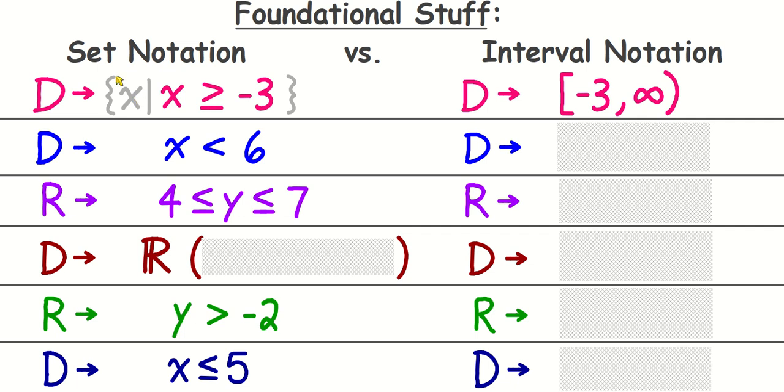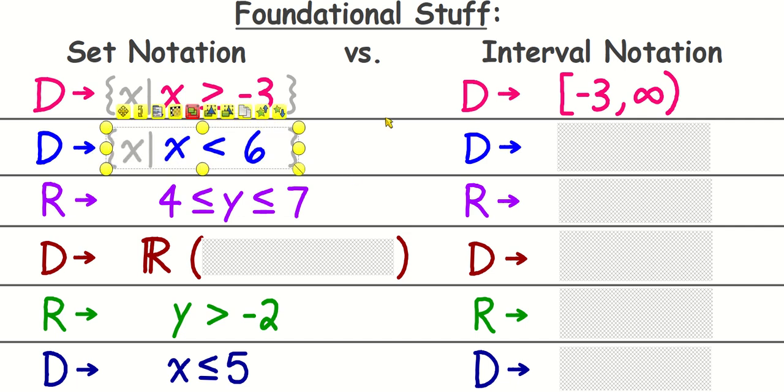Usually it's just the variable over here, and then we have this vertical line, and then you describe the numbers. The way this is read from left to right is all x, and then this vertical line technically means such that x is greater than or equal to -3. So all x's such that x is greater than or equal to -3.